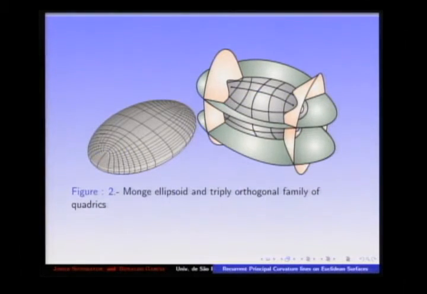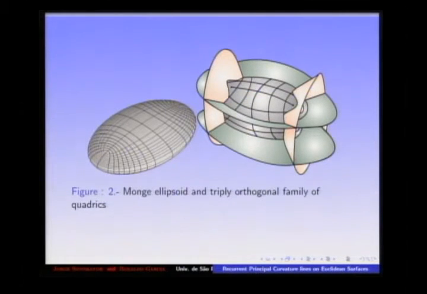So I get to something more theoretical now, which is an illustration of Dupin's theorem, saying that if you have three families of surfaces, say compact ellipsoids with three different axes, like those here, ellipsoids, hyperboloids with two sheets, and hyperboloids with one sheet.